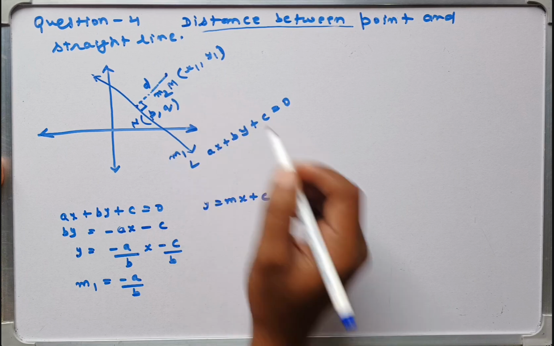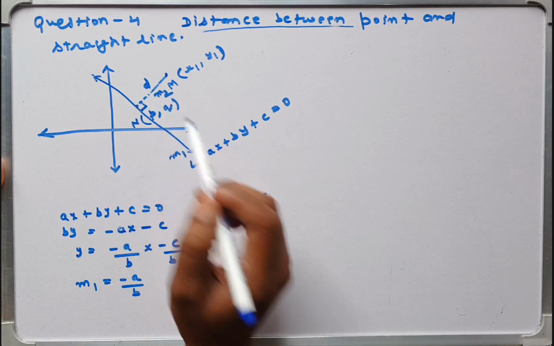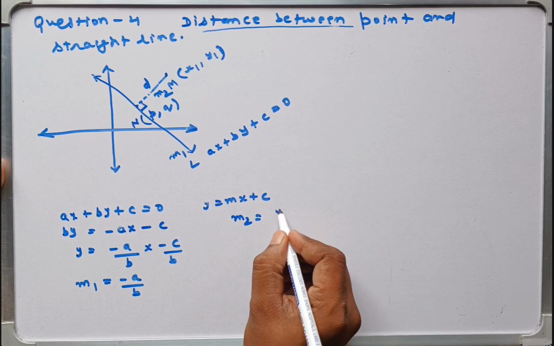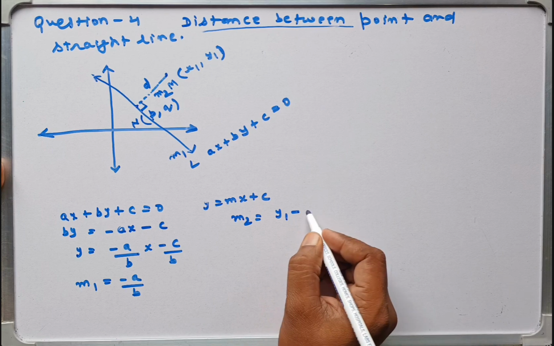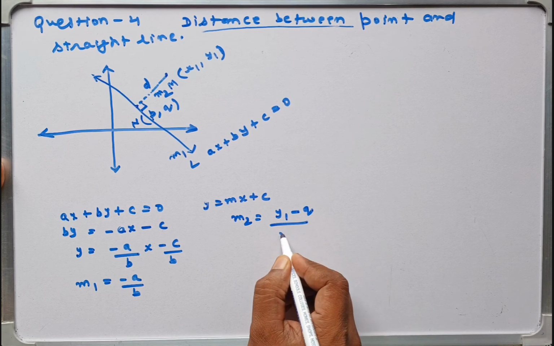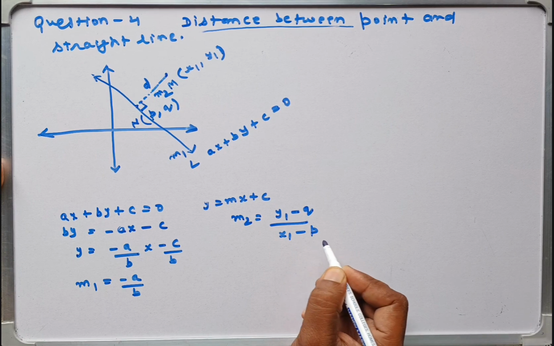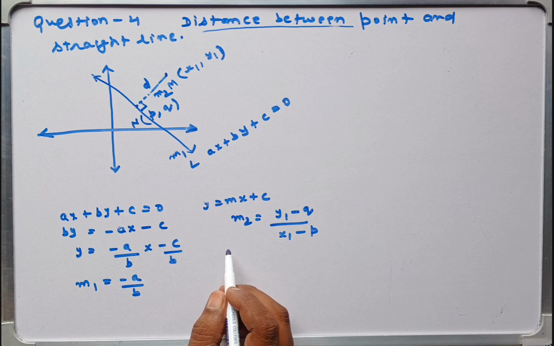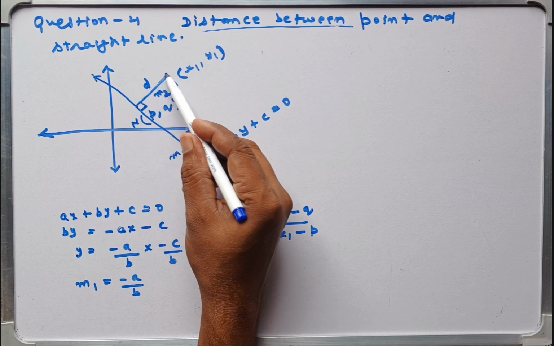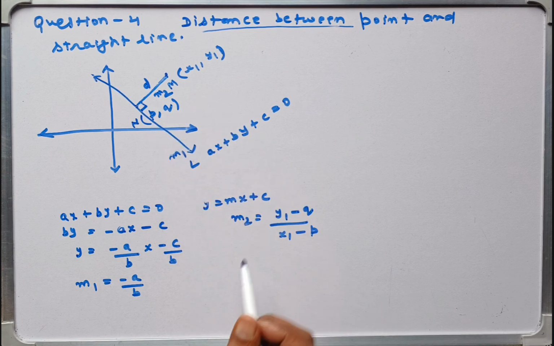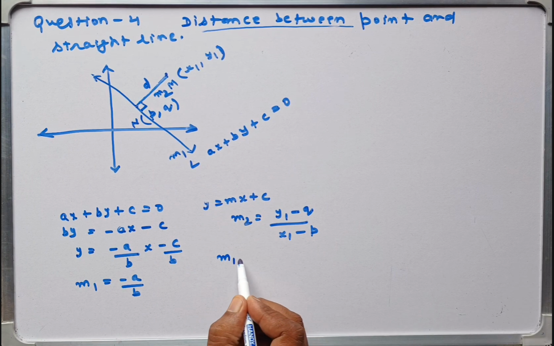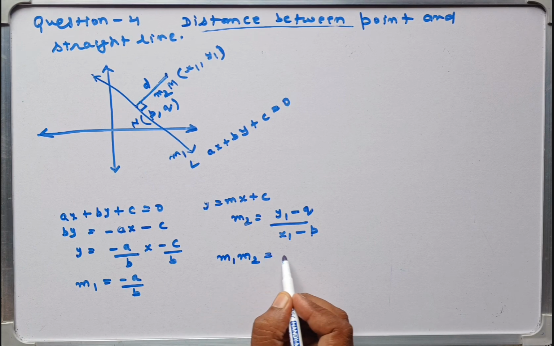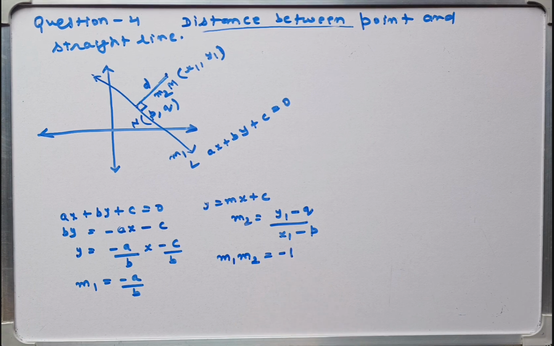Or the gradient value of this one, m2, equal to what guys? y1 minus q over x1 minus p. As you know, when two lines are perpendicular to each other, the product of the gradient values equals minus 1.